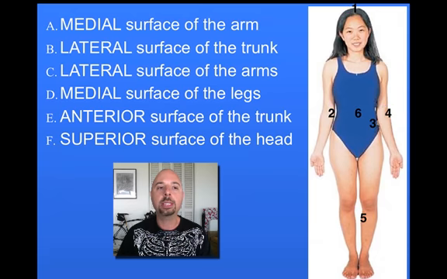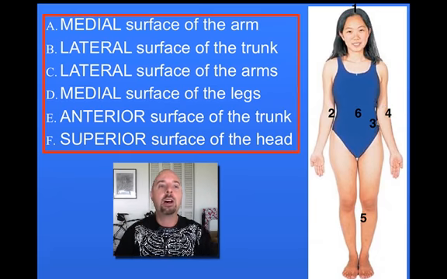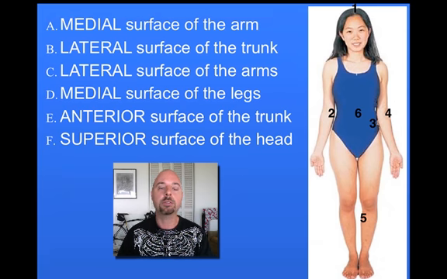And those go along with the letters that are on the right-hand side, right above me right now, where I ask you to label the medial surface of the arm, the lateral surface of the trunk, the lateral surface of the arms, the medial surface of the legs, the anterior surface of the trunk, and the superior surface of the head. So when you go on Edline, you're going to be answering these questions, 1, 2, 3, 4, 5, and 6, that refer to this particular diagram.